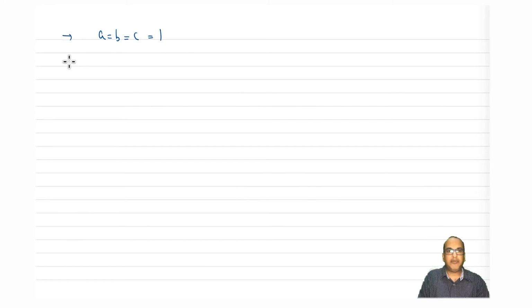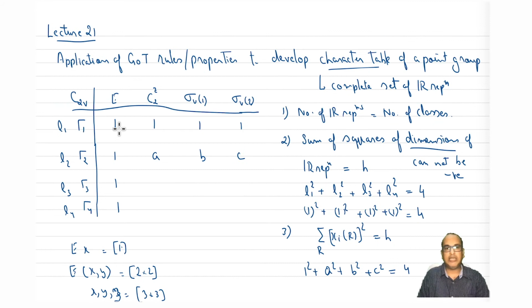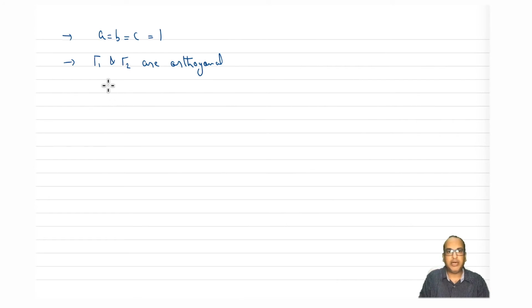There is a condition which also tells me that tau 1 and tau 2 are orthogonal. That means this product plus this product plus this product plus this product equals 0. So 1 into 1 plus 1 into A plus 1 into B plus 1 into C equals 0.